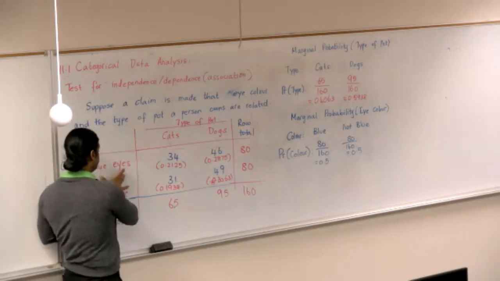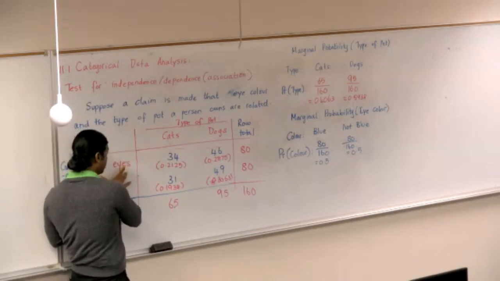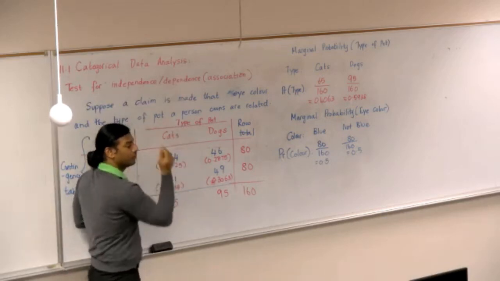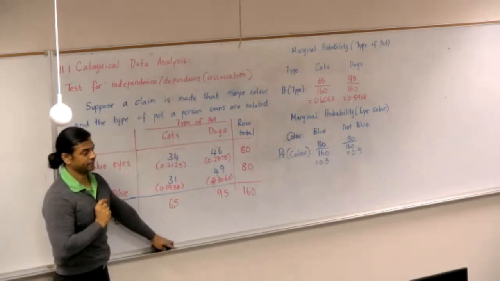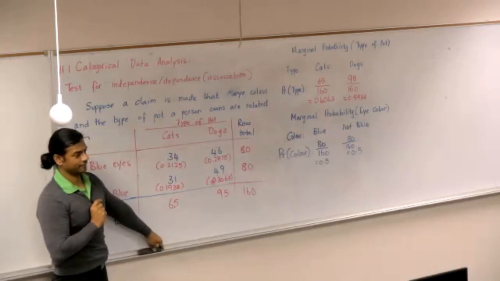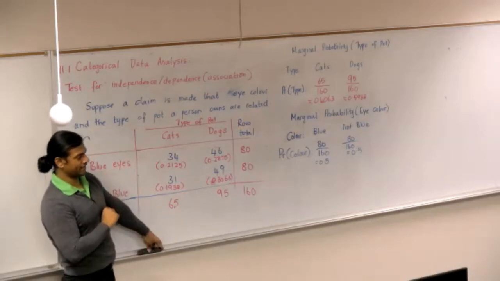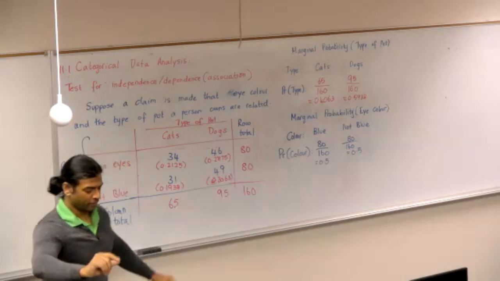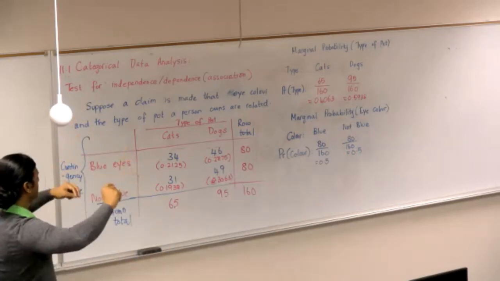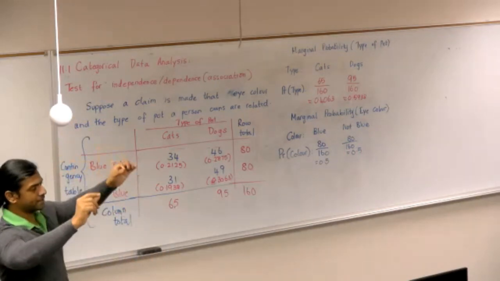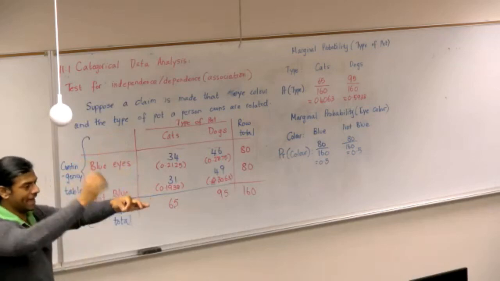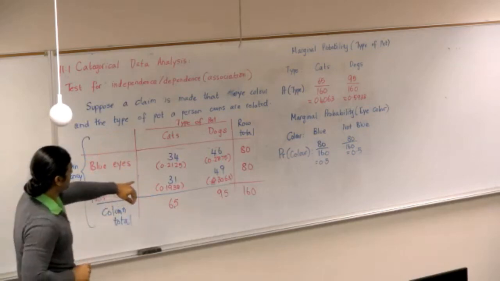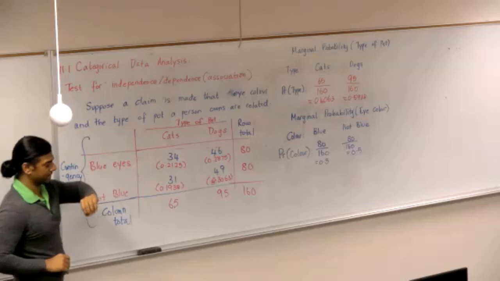The interpretation here: we pick a person, the person has blue eyes and owns or has cats. What is the probability of that? If I randomly picked one of you, what are the chances that that person will have blue eyes and has a cat? 21.25%.